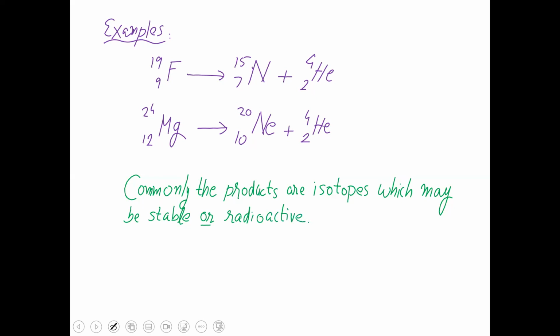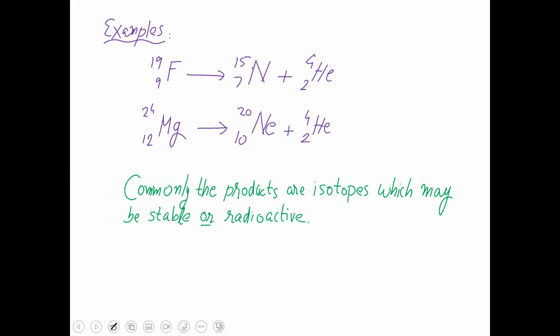So the output of these reactions may be stable isotopes, or they may be unstable also. Unstable means they would also be radioactive.